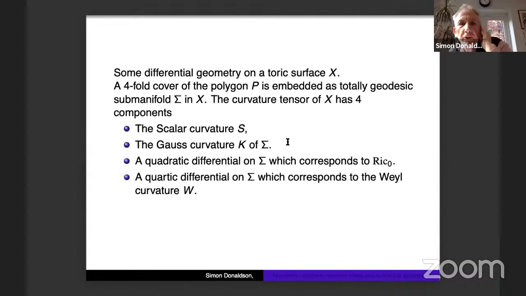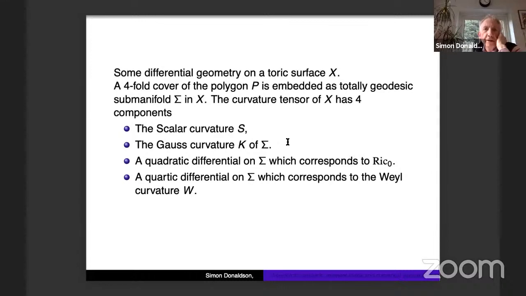So we're just talking about toric surfaces, and just to digress for a moment, there's some interesting differential geometry on a toric surface. Here the polytope is just a polygon in the plane, and in fact it can be embedded inside the complex surface, or more precisely a fourfold cover.